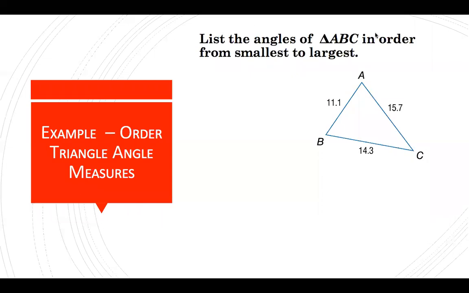So list the angles of triangle ABC in order from smallest to greatest. Brian Lopez, please tell me the list of the angles in order from smallest to largest.